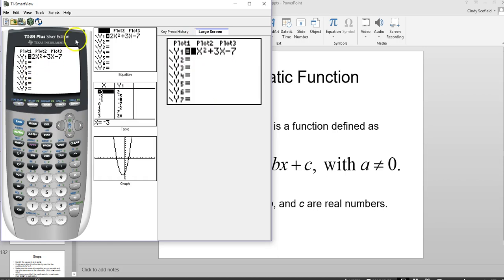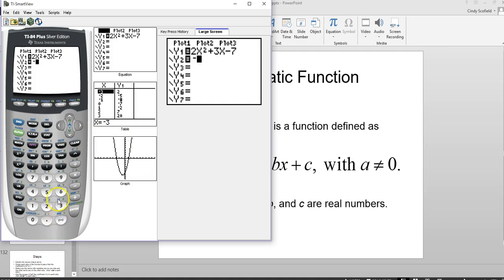You go back to your y equals. The number in front of x squared, your a, tells you whether it's going to hold water or dump out water. If a is positive, it'll be a cup that holds water. If a is negative, it'll be a cup that's dumping out water. So let me put one in where a is negative and show you what that looks like.